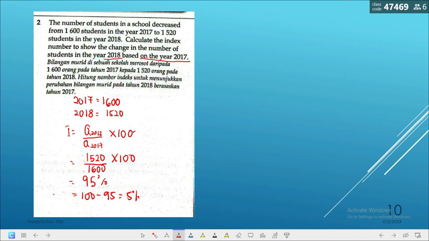So you can put here: the number of students is decreasing by 5% from 2017 to 2018.